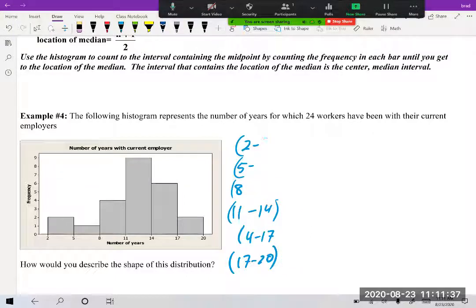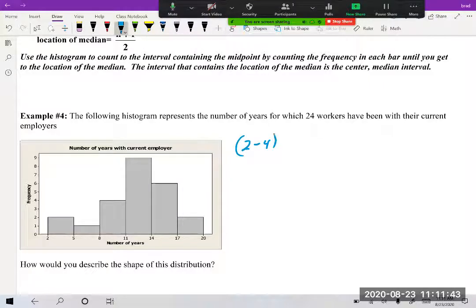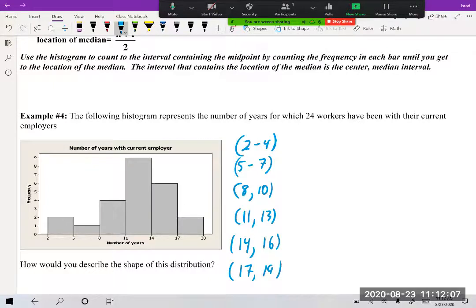So what we have to do instead is say that our categories are from 2 to 4. Again, they didn't give us a perfect background on this, but this is what I feel. These are our intervals: 2 to 4, 5 to 7, 8 to 10, 11 to 13, 14 to 16, 17 to 19.